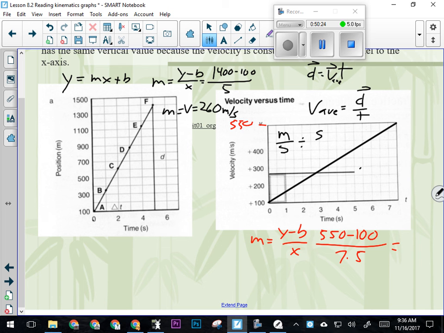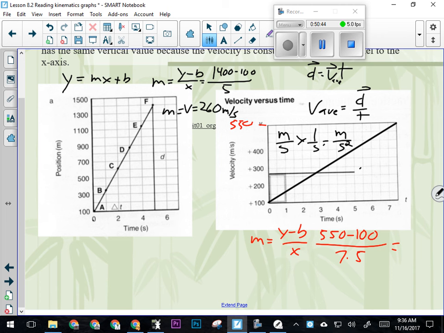Right, when you divide fractions, you reciprocate and multiply. So that's the same as saying times 1 over seconds. That's meters per second times 1 over seconds, which is meters per second per second, usually abbreviated as meters per second squared.